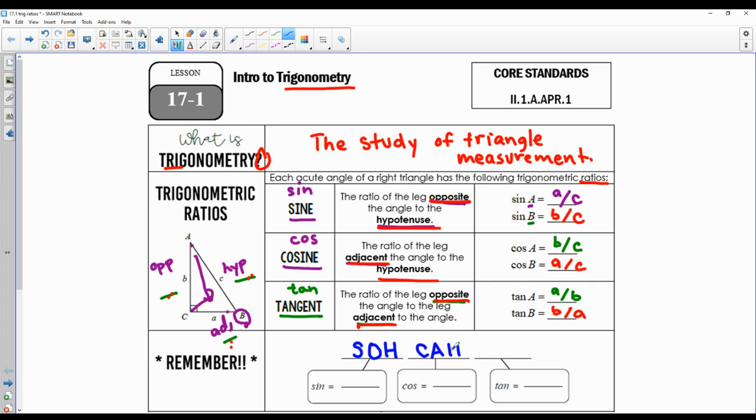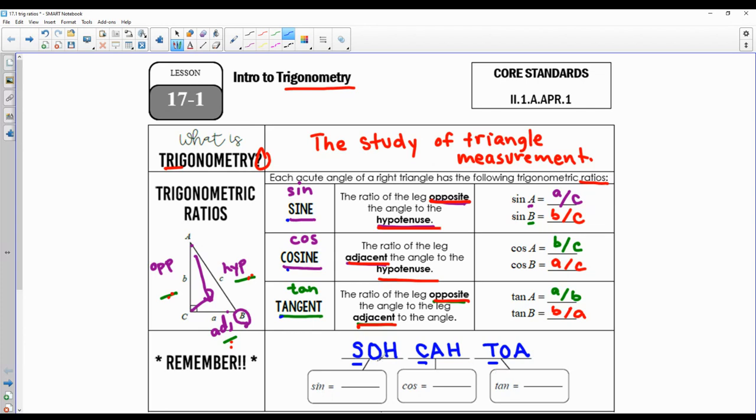It's really fun to say as well. SOHCAHTOA. Soak your toe. Now you'll notice that there's an S, a C, and a T, just like our S, C, and T right here. So that's what they stand for. S stands for the sine, C stands for the cosine, T stands for the tangent.